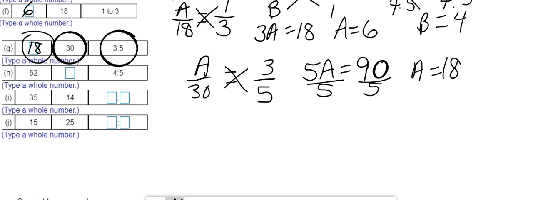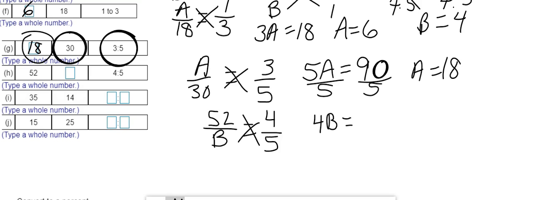On part H, we have 52 to an unknown b is equal to 4 to 5. Cross multiply, we get 4b equals 52 times 5. My calculator says that is 260.